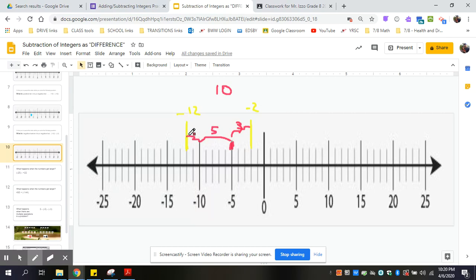And then another 2. 2 plus 5 plus 3 is 10. But honestly, I think with these numbers, you can probably just look at it and see that it's a 10 difference. In this case, it's going to be negative because we started with a negative and we're subtracting only negative 2.